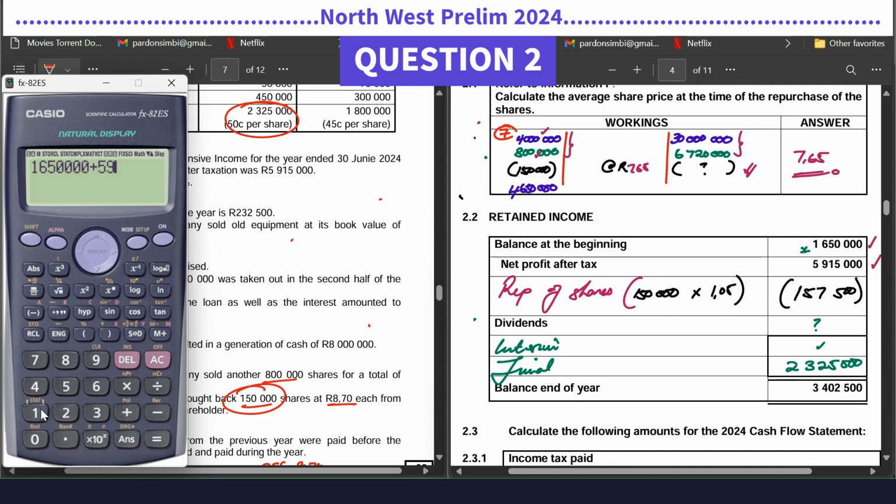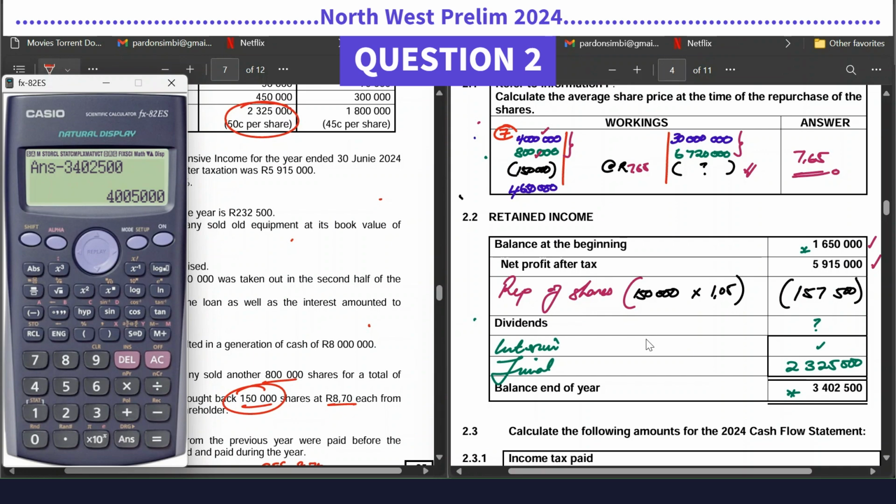Then I'll say minus 157,500, and then minus the 3,402,500, which is the closing balance at the bottom. And then I'll end up with 4,005,000. So that becomes my dividends over here.